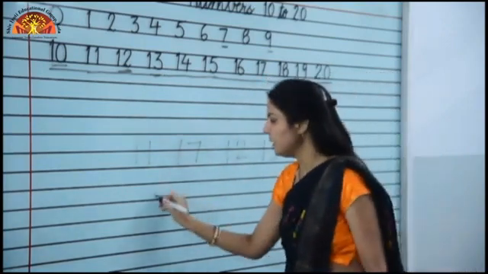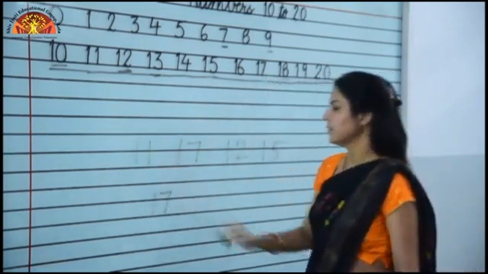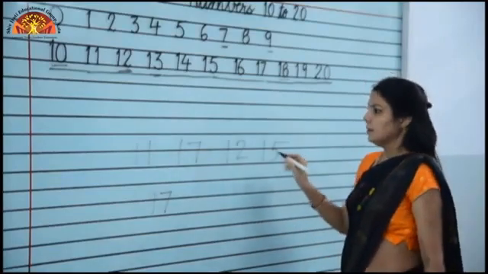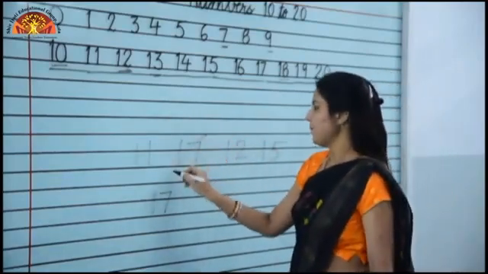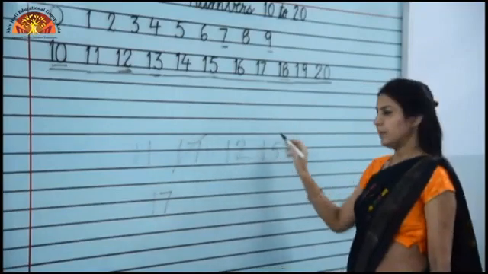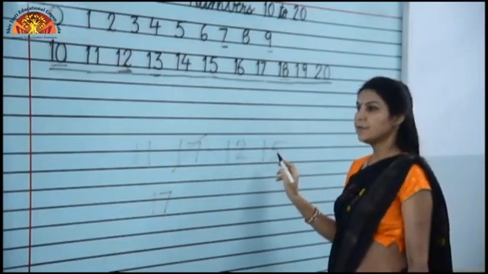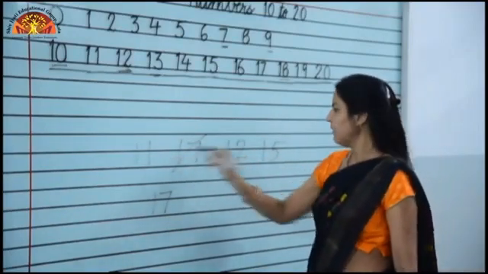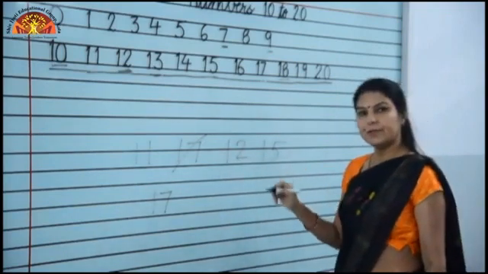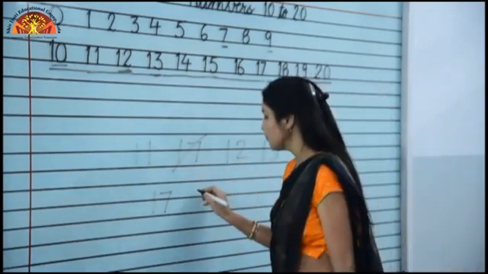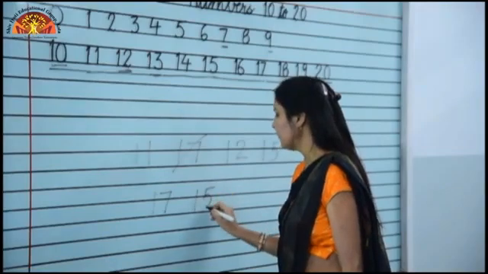So that will be bigger. Then leave this number and compare the remaining 3 numbers. Which is farther from 0 among 11, 12 and 15? 15 is farther from 0. So we will write 15 after it.